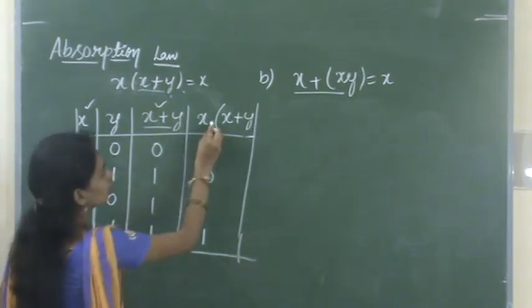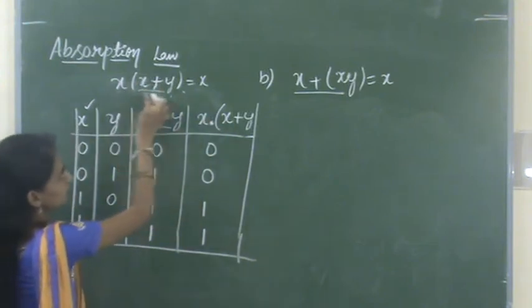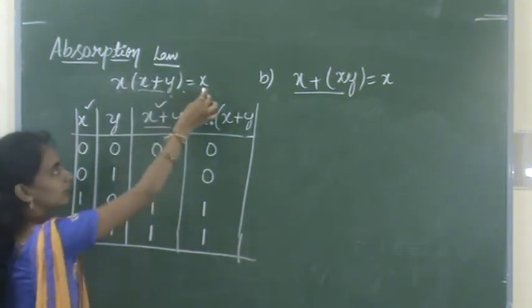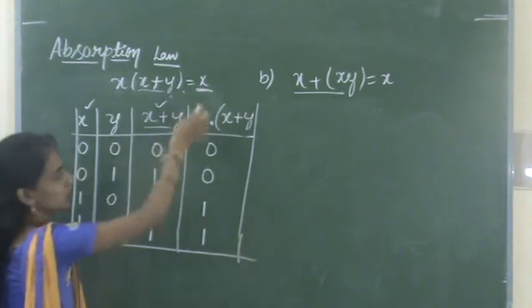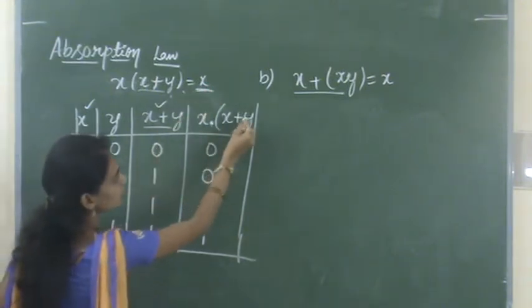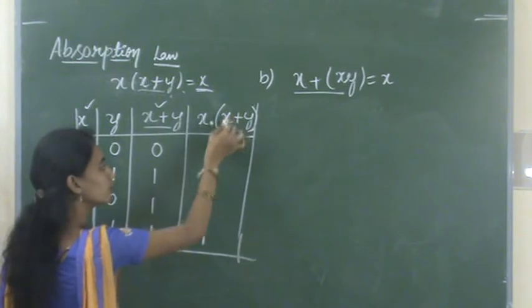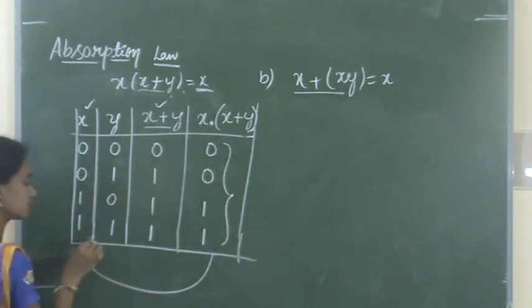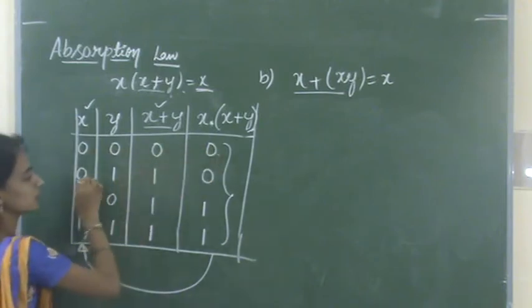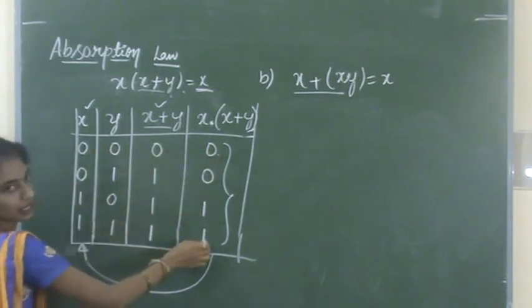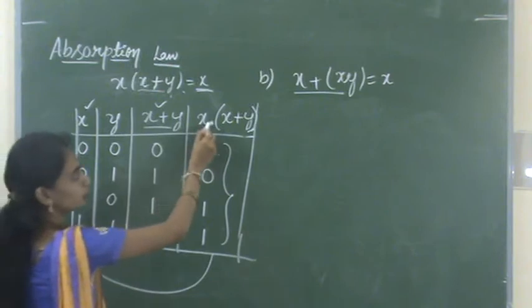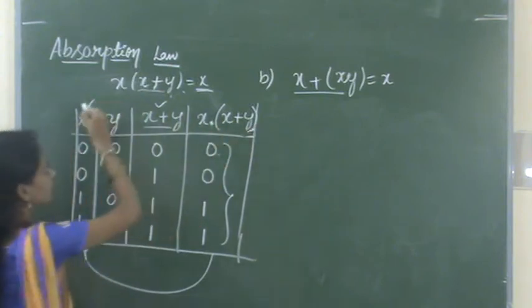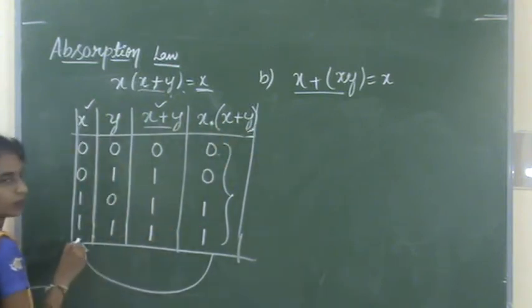See, in the law we said that this expression will be equal to x. So the value of x into (x plus y) is the same as the value of x: 0, 0, 1, 1. So we can prove that x into (x plus y) is equal to x only.